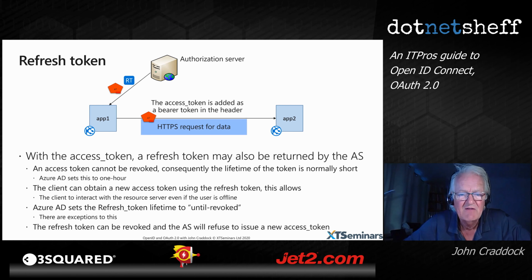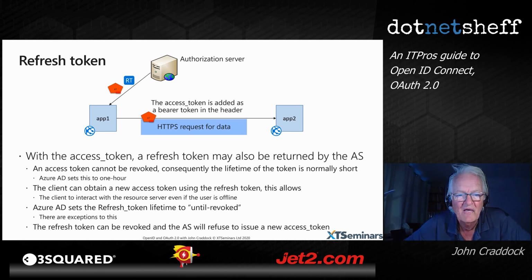But if we give the access token a really, really long lifetime, how would we ever revoke it? That's a real challenge. So the access token has a fairly short lifetime, and in the Azure AD space, it's a 1-hour lifetime. Every 1 hour, you need to go back to the authorization server, the STS or Azure AD, and say, hey, my access token's expired. I need a new one.